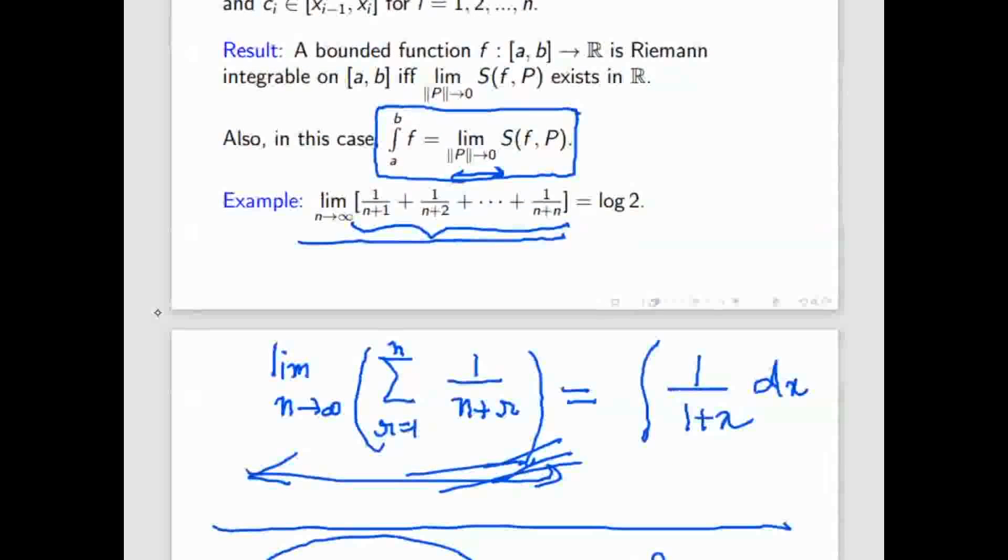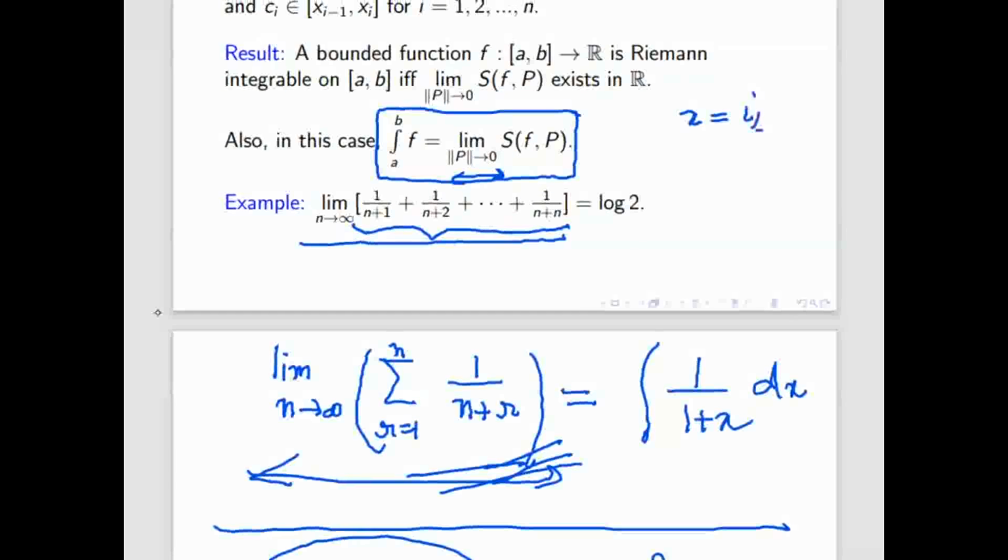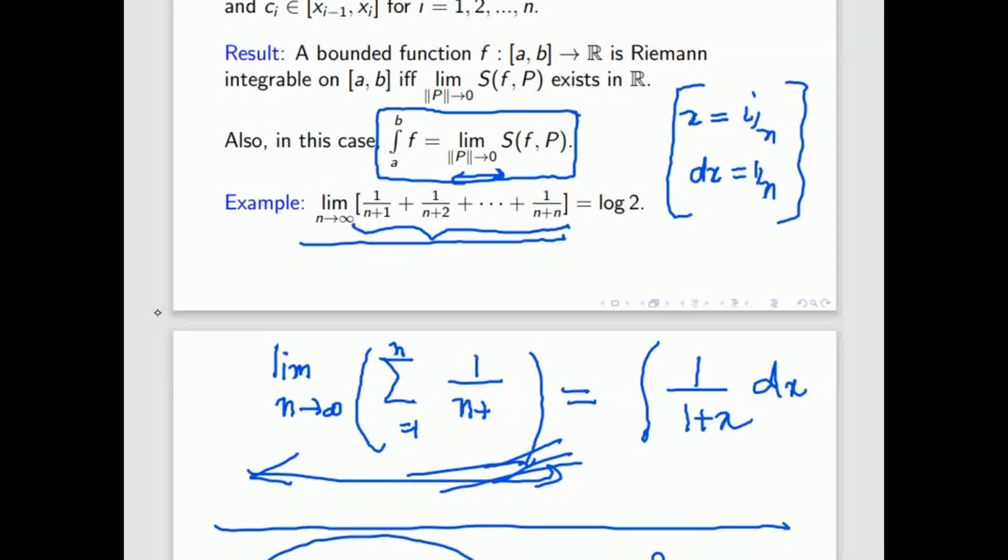So if you want to convert, the general thing is that x is always i by n and dx is 1 by n. By using that, you can convert this in the form of integration. So by using these two, we'll convert in the form of integration.